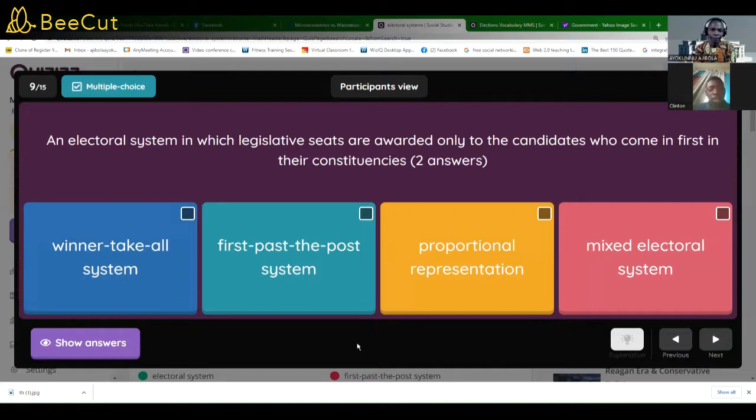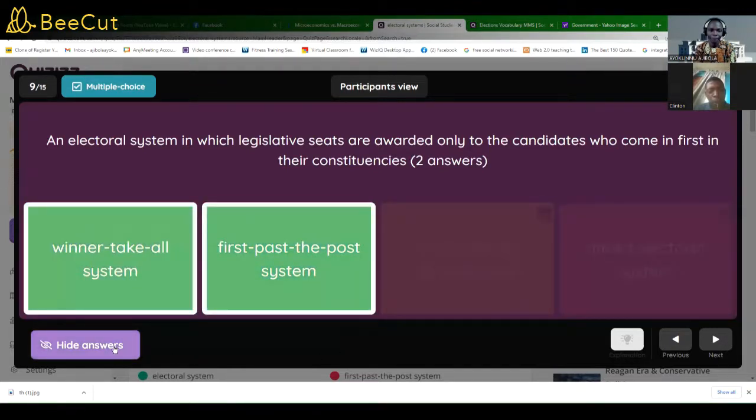An electoral system in which the legislative seat is awarded only to the candidate who comes in first in their constituency. So there are two answers here. Winner takes all system and first past the post system.